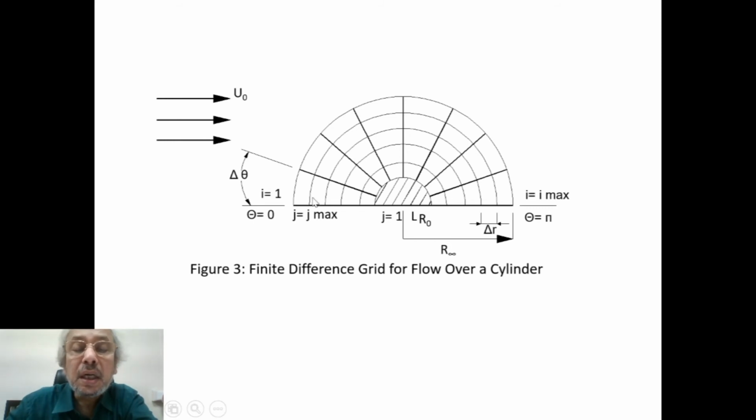R will vary from j equal to 1 to j max. Theta will vary from i equal to 1 to i max.